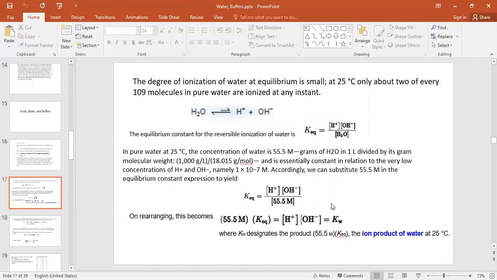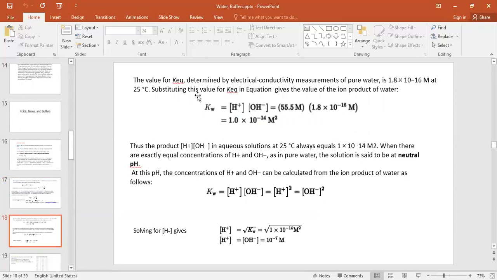And we can write now this way. Am I right? So you think, and KW is 1 times 10 power minus 14 mole square.